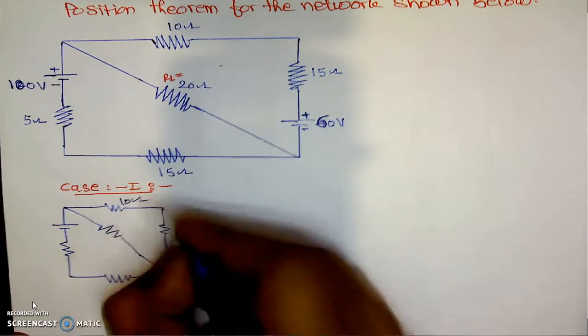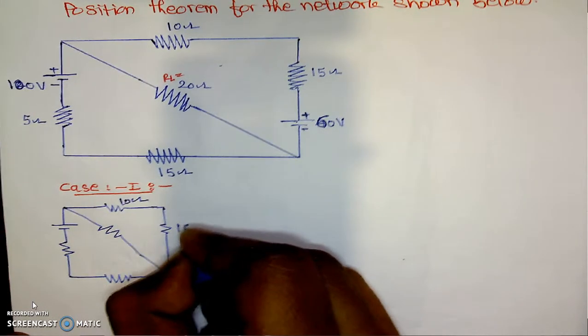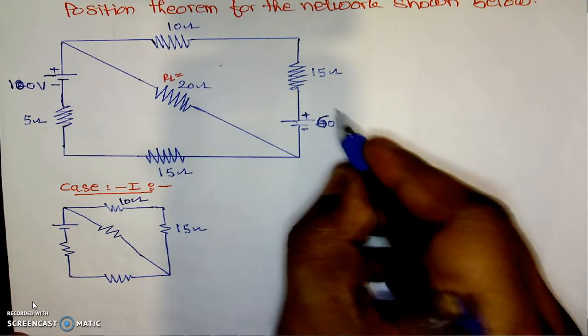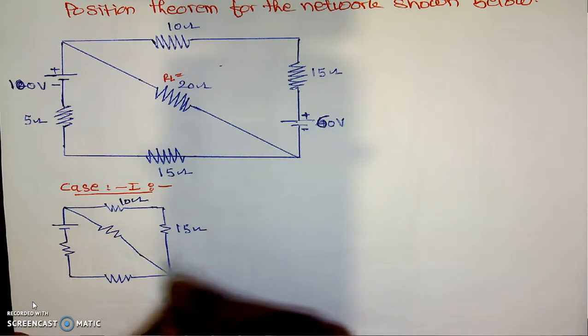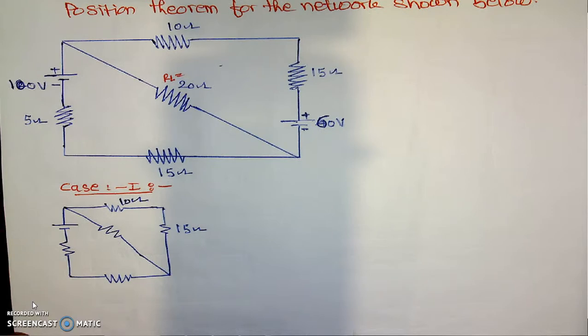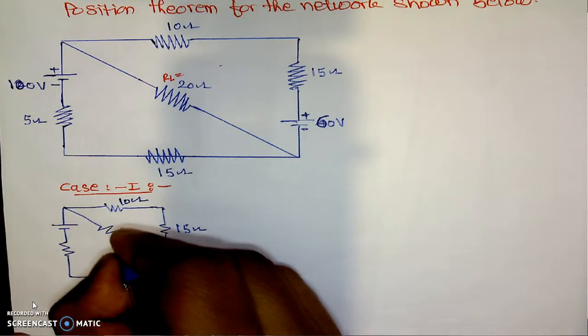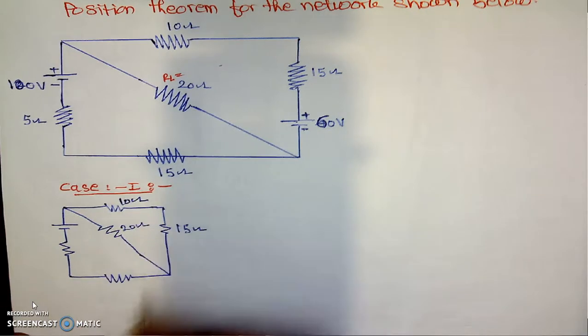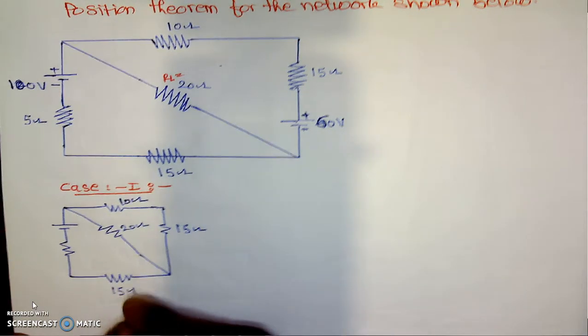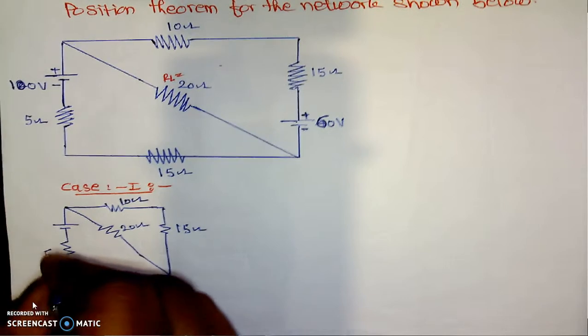Now here this is 15 ohm, and this 60 volt source is replaced by its internal resistance, which is 0, because a voltage source has 0 internal resistance and a current source has infinite internal resistance, theoretically. Here in this case we will consider the theoretical value, that is 5 ohm.